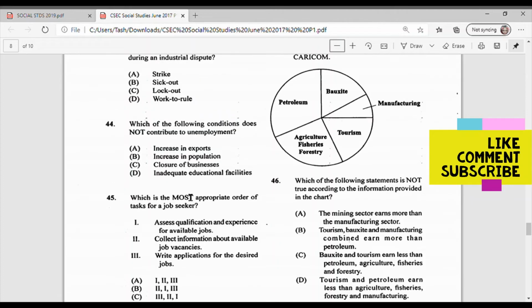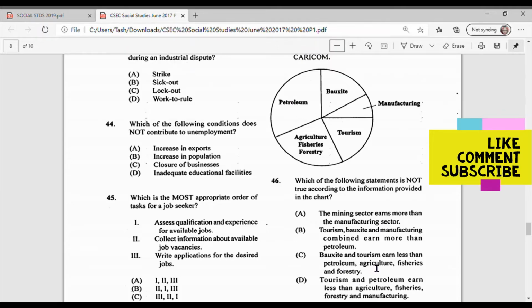A, the mining sector earns more than the manufacturing sector. So the mining sector here, which is bauxite, earns more than the manufacturing sector. That is correct. So the question says which one is not true. B, tourism, bauxite and manufacturing combined earn more than petroleum. That is also true.